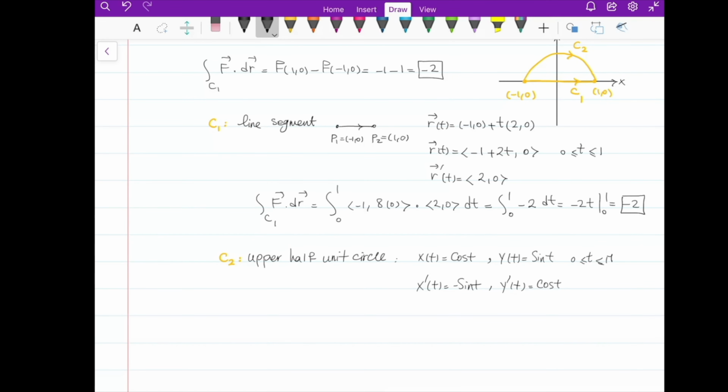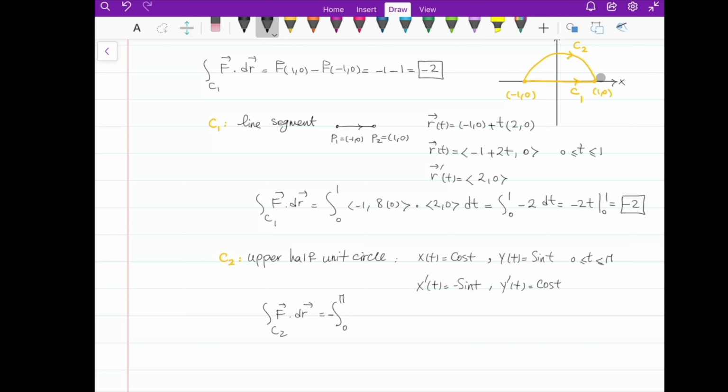Now I have the integral of f dot dr over C2. It's equal to the integral from pi to 0, just because I'm moving from here to here. Or actually, you can write this in the usual way from 0 to pi, but with a negative sign, just to mention that I'm starting from here and going to here.